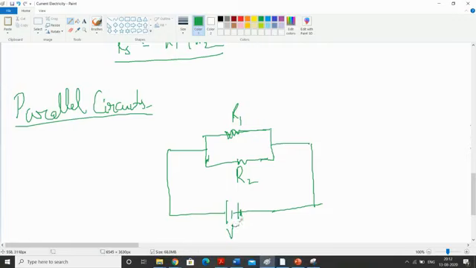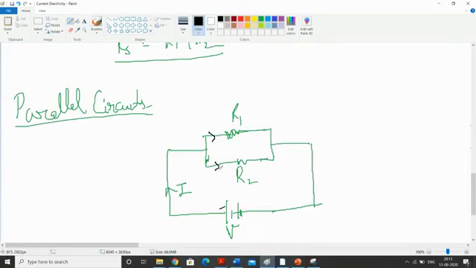V is the voltage being supplied by the battery, R1 and R2 are the resistances, and let's say I is the current which is coming out of the battery.